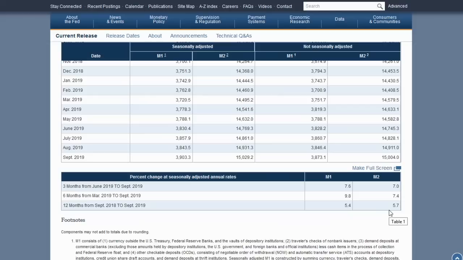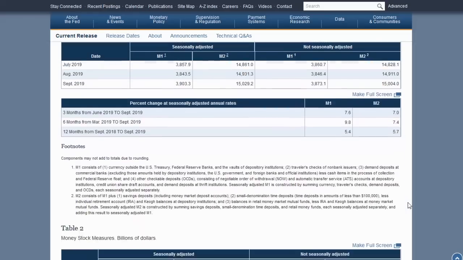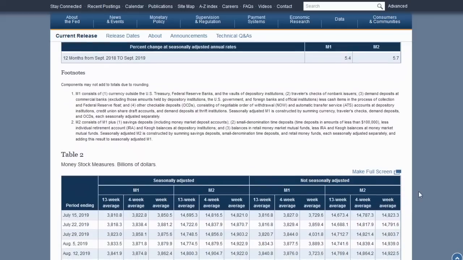So it is an increase for sure. And even if you look back here from March to September, from June to September, it is a 7% plus. And so we're printing money. We're definitely printing lots of money here.